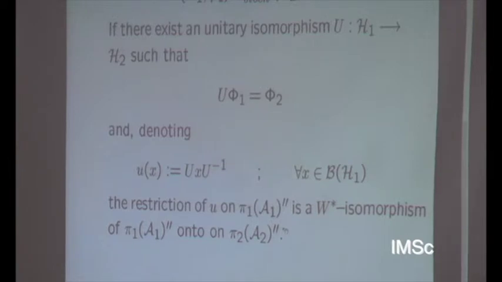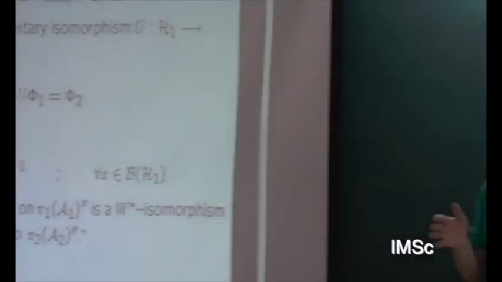Why is this needed? Because if you remember my original example, in the classical case, I had three completely different algebras. I cannot require that the isomorphism U brings one algebra into the other. This is too strong. It's not verified in the elementary classical examples.